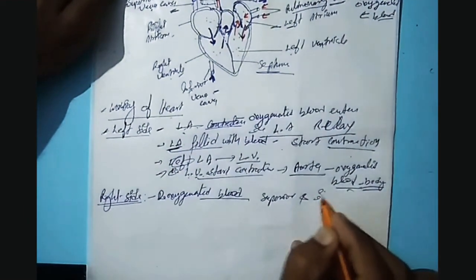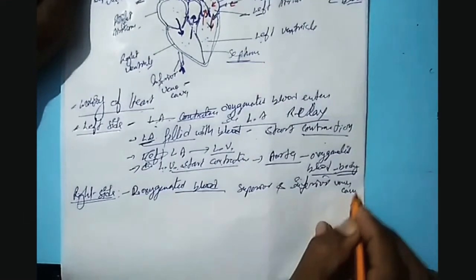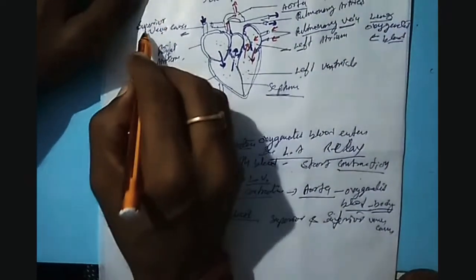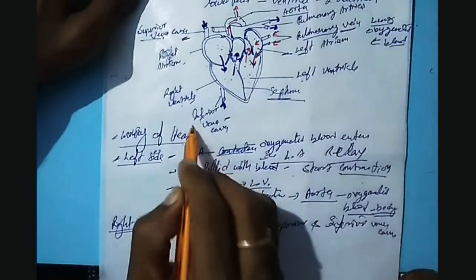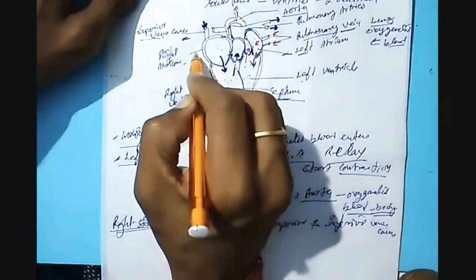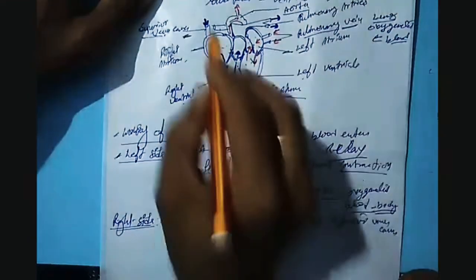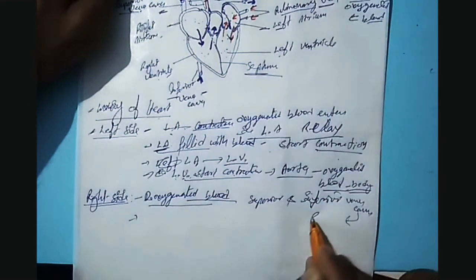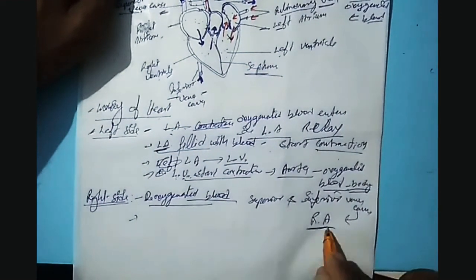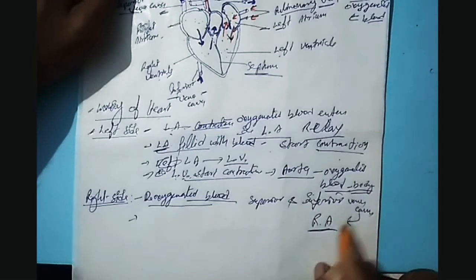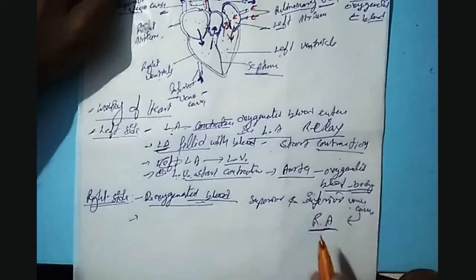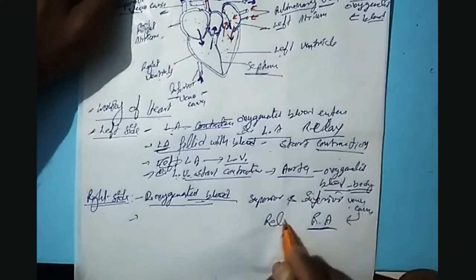The deoxygenated blood collected by the superior vena cava and inferior vena cava is released into the right atrium. And when the deoxygenated blood enters the right atrium, it is in relaxed condition.